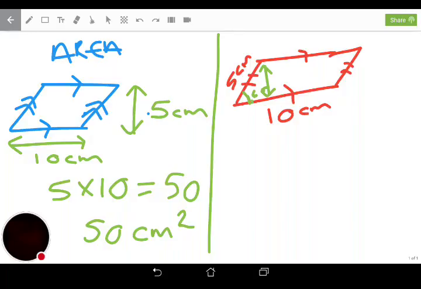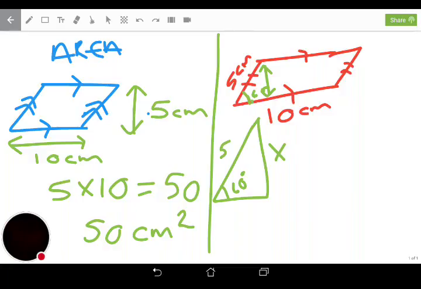So let me draw it longer. I'm going to do a bigger example of this triangle. To find the height, I'm going to have to split this in two. Now, this parallelogram has an angle of 60 degrees, and we know that this here is 5, and we're trying to work out this height here, so that's going to be my x.